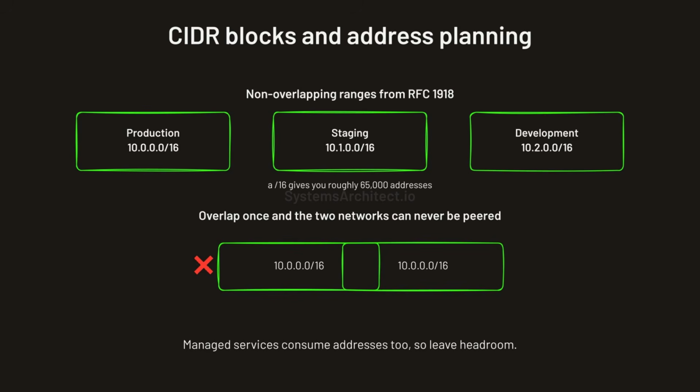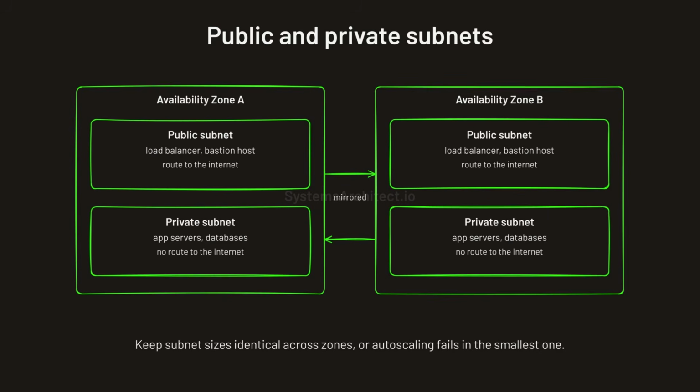Allocate non-overlapping blocks per environment and per region. Overlapping ranges are the single most common reason two networks cannot be peered later. Managed services quietly consume addresses too, so leave headroom rather than sizing for today's instance count. Subnetting divides that block into smaller ranges, each pinned to one availability zone.